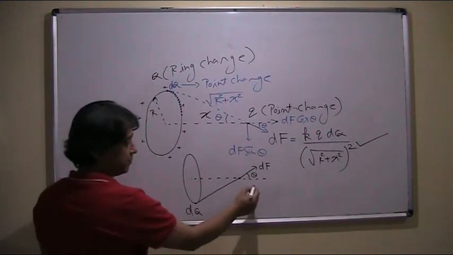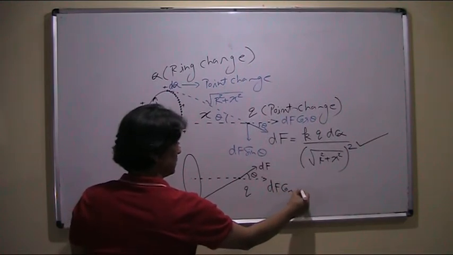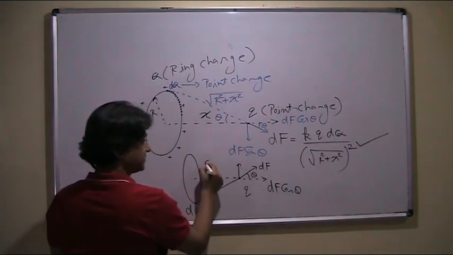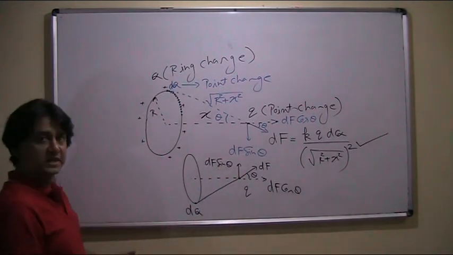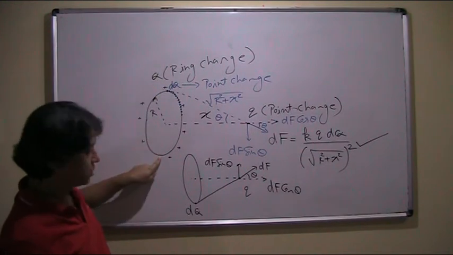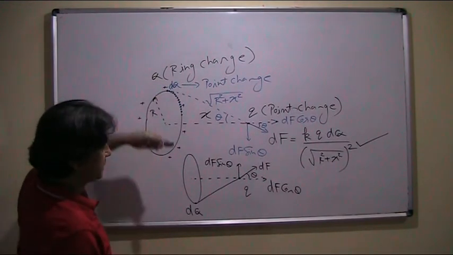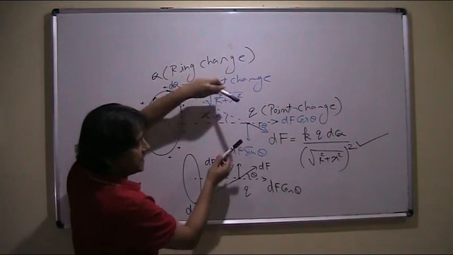Now when you take the components, this component is dF cos theta and this component is dF sin theta. Now if we consider the effect of this dq and the bottom dq, then force on this charge q is like this.